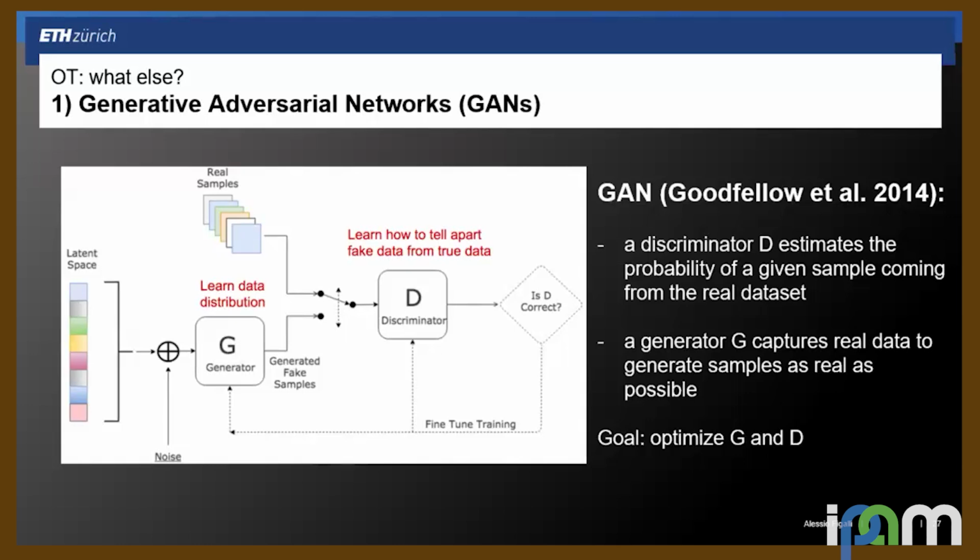And then every time the discriminator gives us an answer, this answer is fed back, so it gives feedback either to the generator or to the discriminator. In which sense? Let's say the discriminator was wrong, it didn't recognize a fake image, then we give feedback to the discriminator: oh, you made a mistake, be better next time.